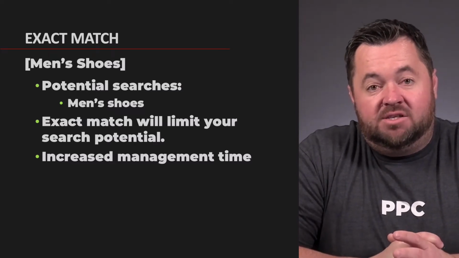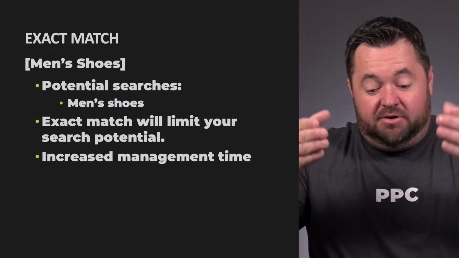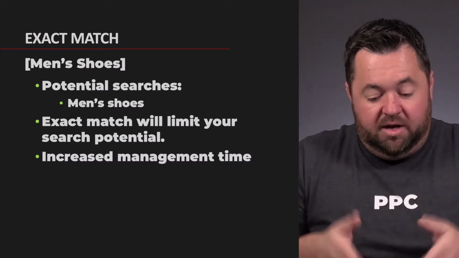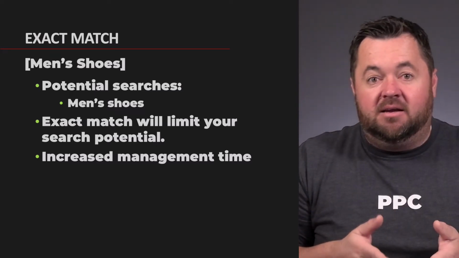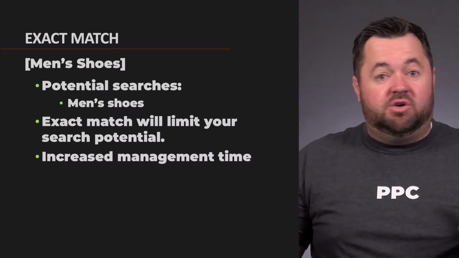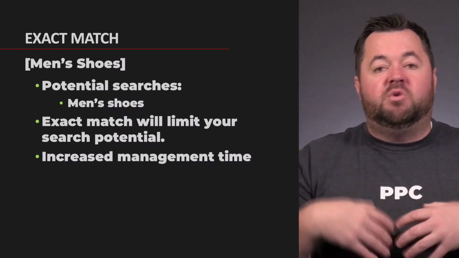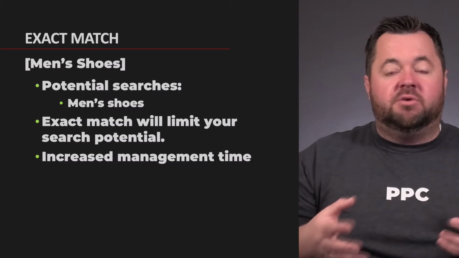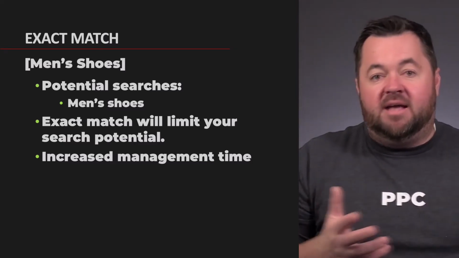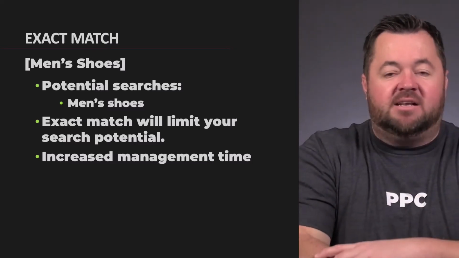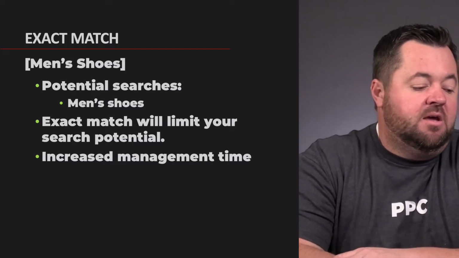So what I mean by that is you're only going to show your ad for people that are actually searching for what your keyword phrase is exactly. And so in order to get more searches, you're going to have to come up with more search terms and put them into the platform, which is going to increase the work, the monitoring. And so there's a lot more management time if you're running a lot of exact match phrases.